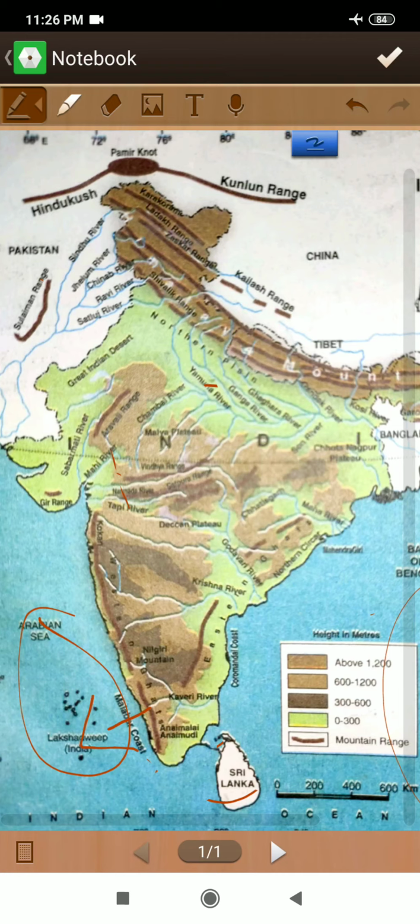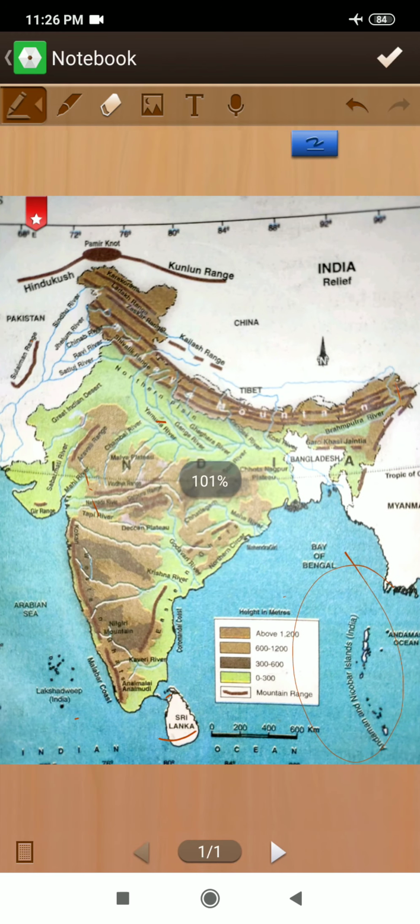These islands have a horseshoe shape. Horseshoe means, as you have seen a horse's shoe, the image here looks like that shape. Such coral islands are called atolls. Here many coral islands are there, and these coral islands are known as atolls.